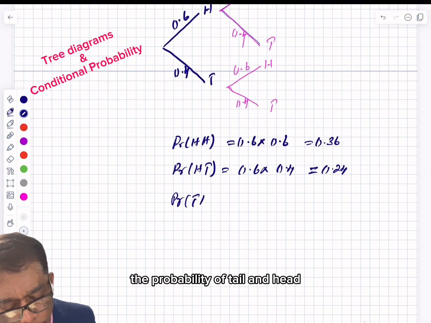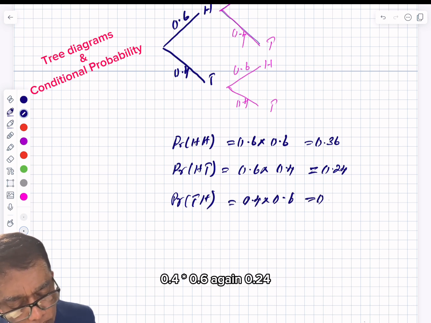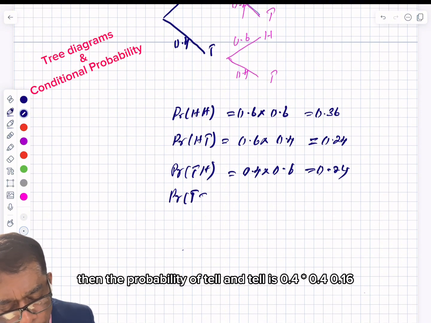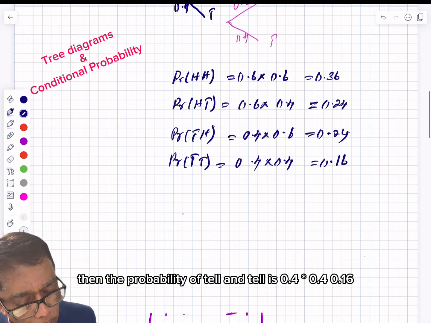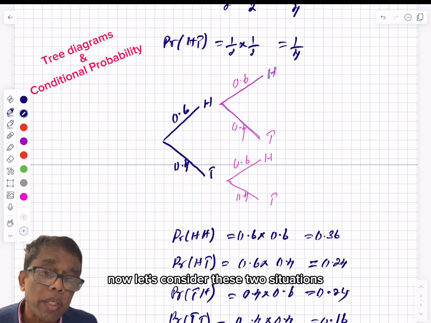The probability of tail and head is 0.4 times 0.6, again 0.24. Then the probability of tail and tail is 0.4 times 0.4, which is 0.16.